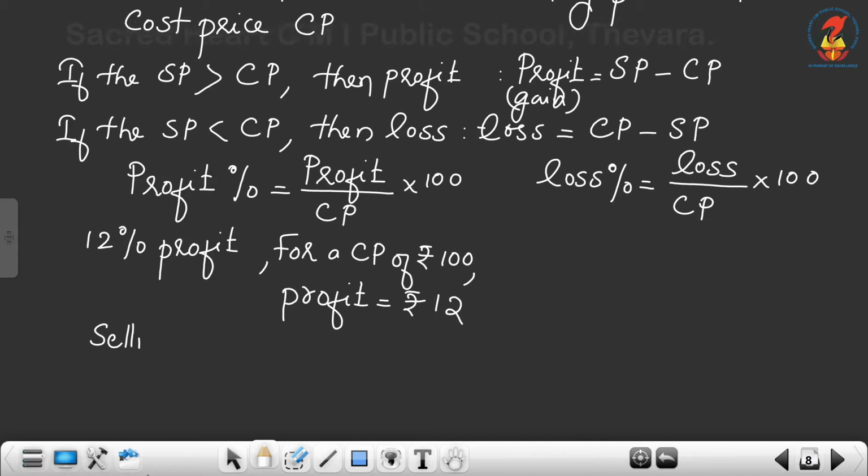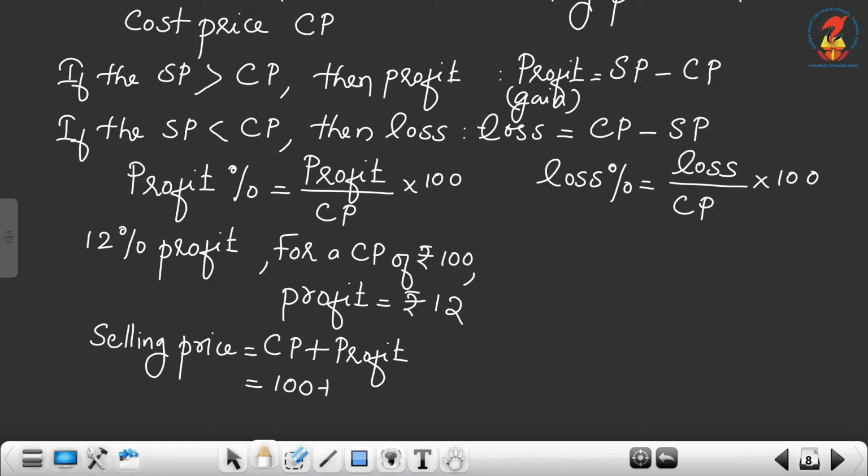Selling price is equal to cost price plus profit. So cost price is 100, profit is 12, then the selling price is equal to rupees 112.